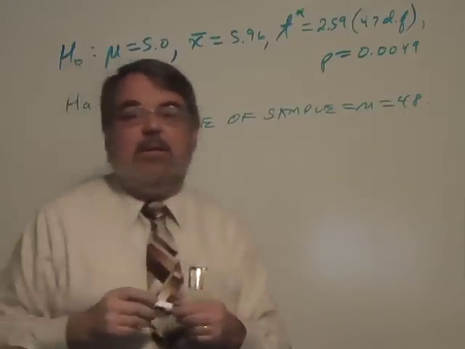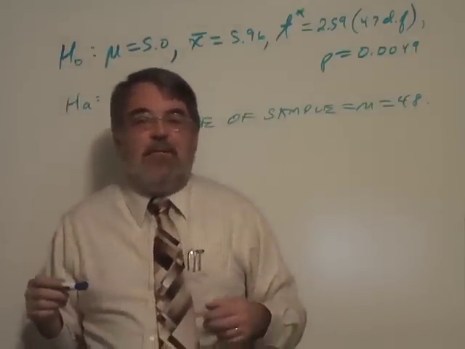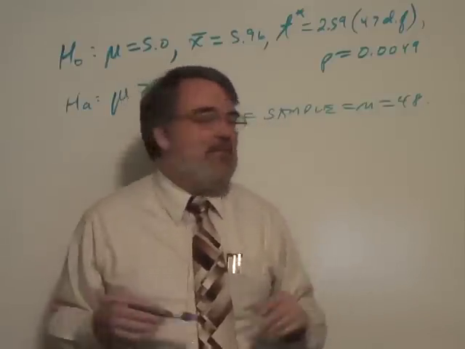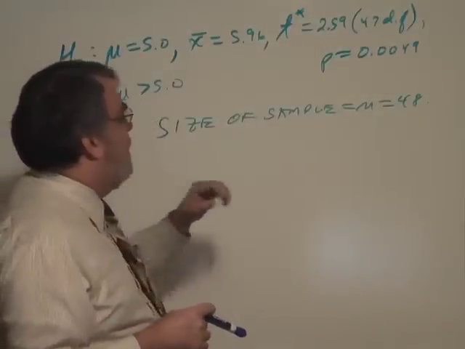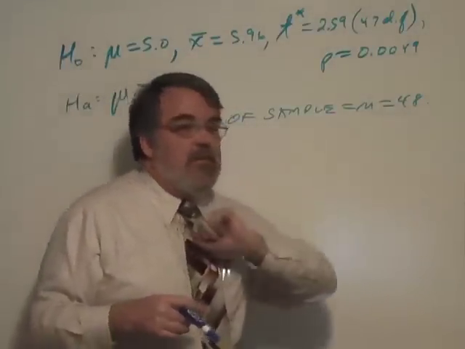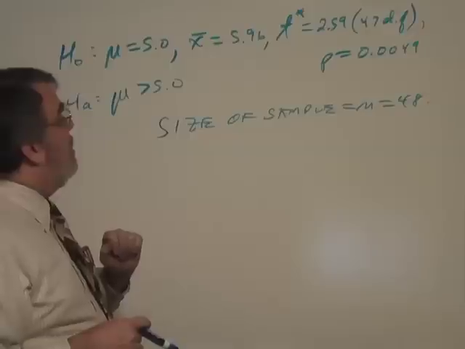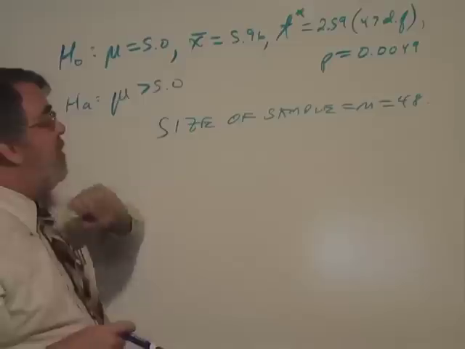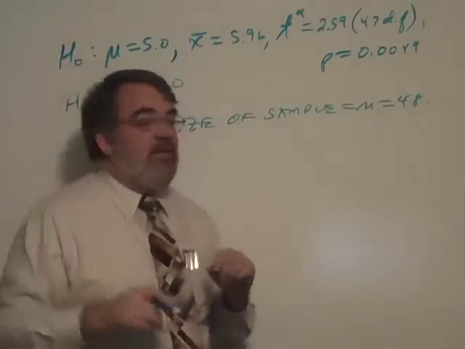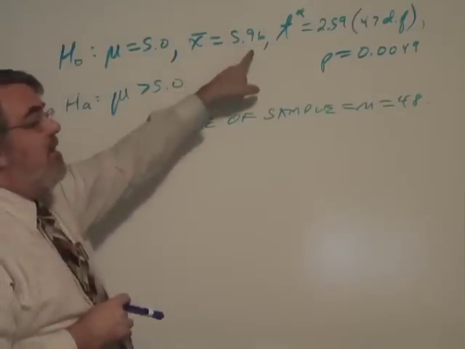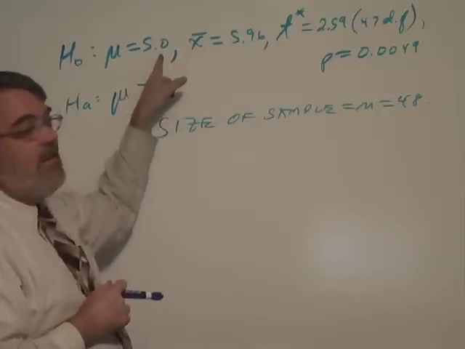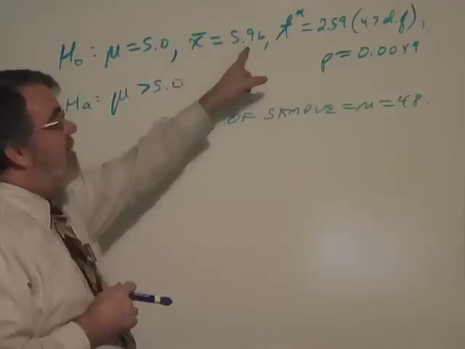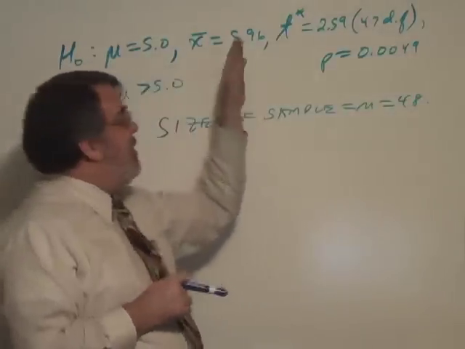So they tested 48 artificial heart valves for the speed of blood flow, which is one more than the degrees of freedom. They found the mean was 5.96. Now, we're going to test to see if this mean is significantly different than that number. So this is our standard for comparison, and this is what we're testing to see, is this number much higher than 5.0?